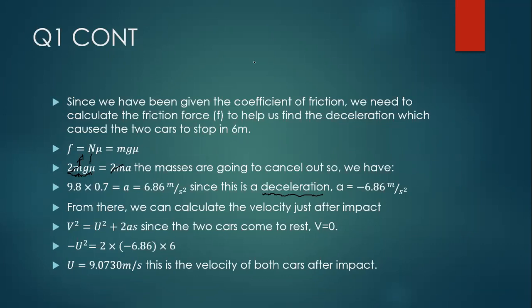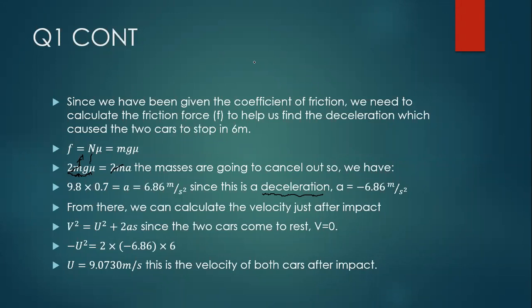What do I need? What can I do with it? Since this system is eventually going to stop, I must find out the rate at which it was stopping, meaning I must find out the deceleration. How can I find the deceleration? And if you find the deceleration, how can it help me?